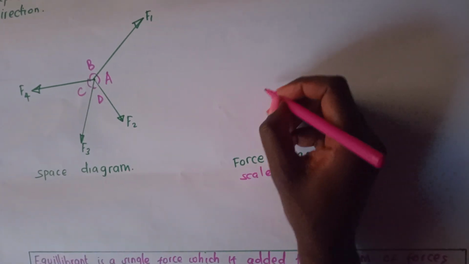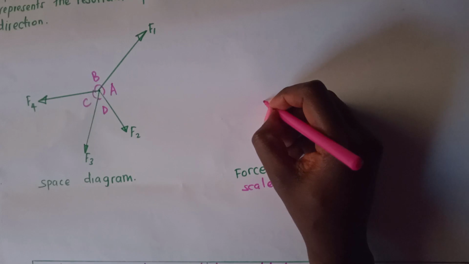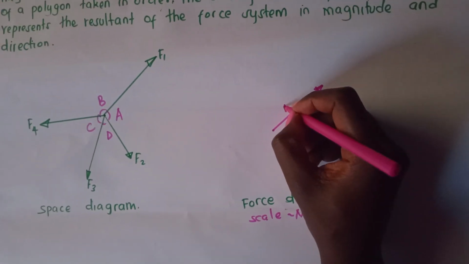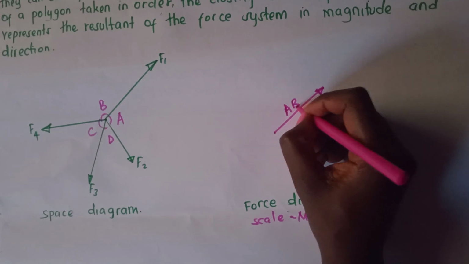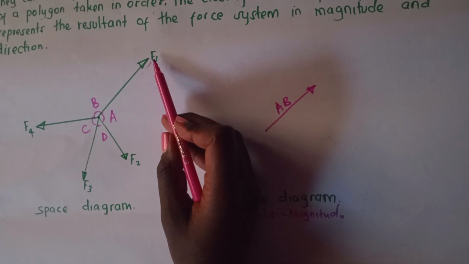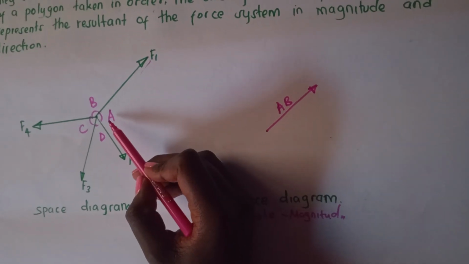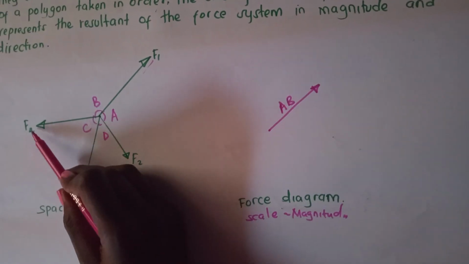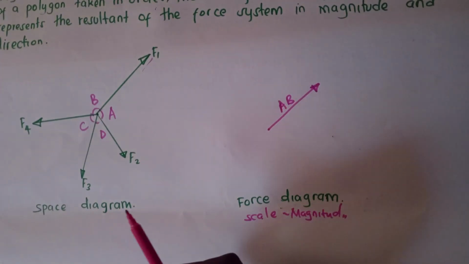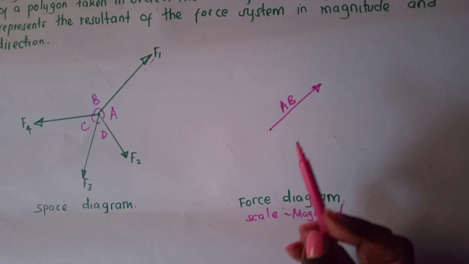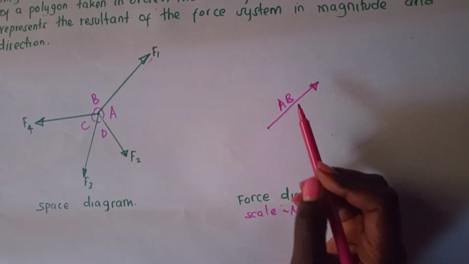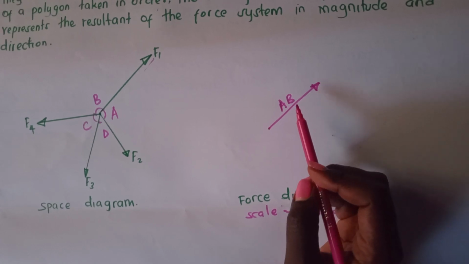Now, from here, you can have a point and draw force F1 and have it as AB, because if you have indicated it as this, that will mean that our F1 will be represented by AB, our F4 will be represented by force BC, and it must be in order, just like they are. So when we say in order, it means that you'll have to construct a force parallel to the other one after drawing a corresponding force.